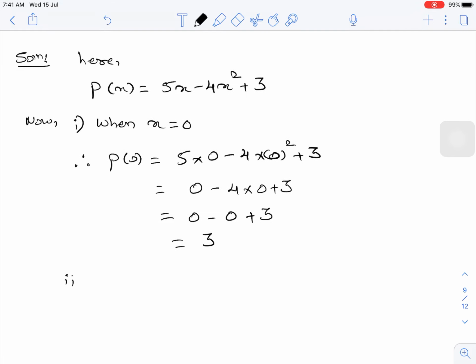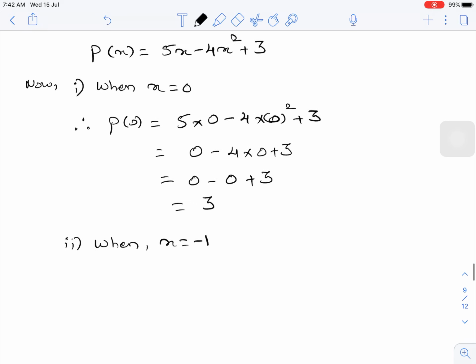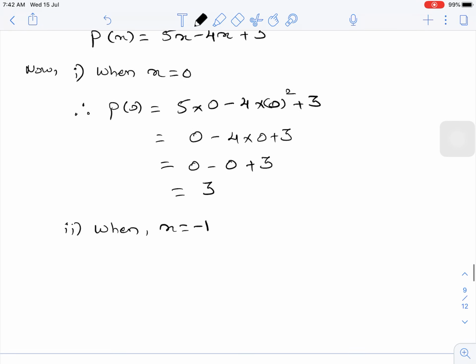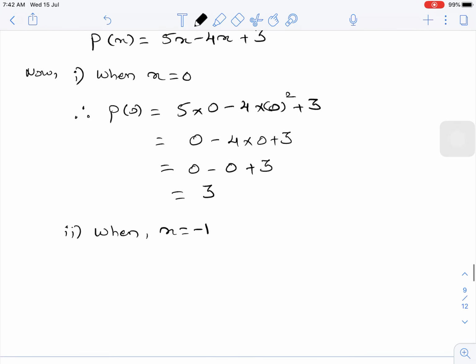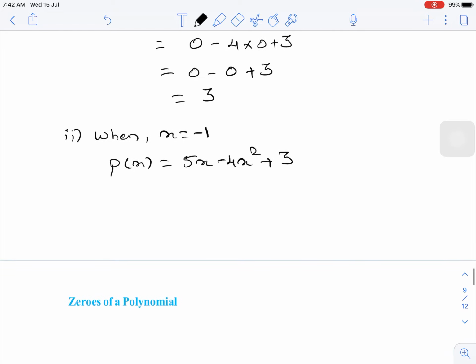Now second, when x is equal to minus 1. Now this time we will write the polynomial first. P of x equals 5x minus 4x square plus 3.